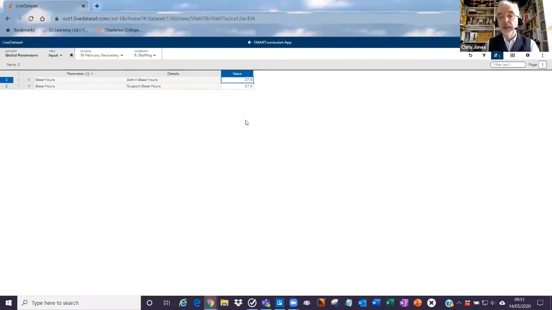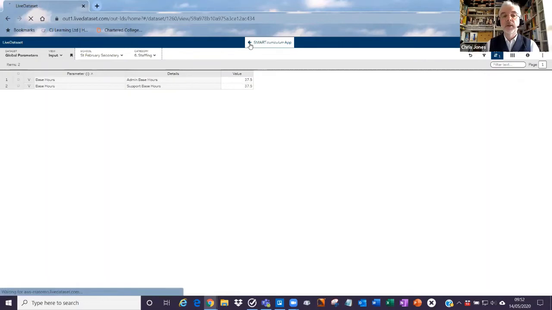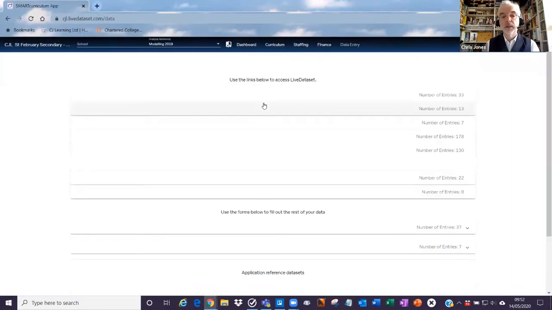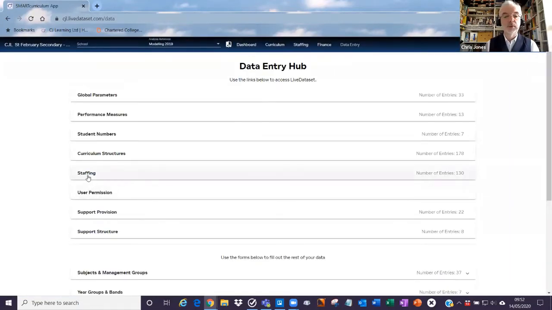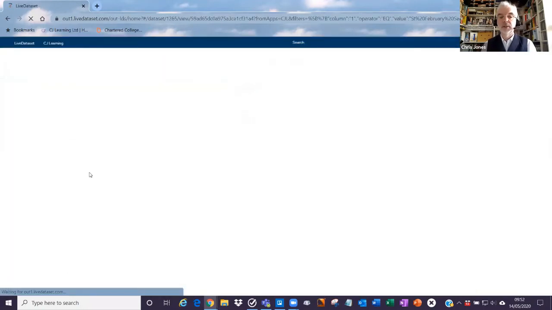It's just an anomaly of the education profession and what's gone on across local authorities, but we needed to allow for that base hours. So you can change that. It allows you to record an accurate FTE.